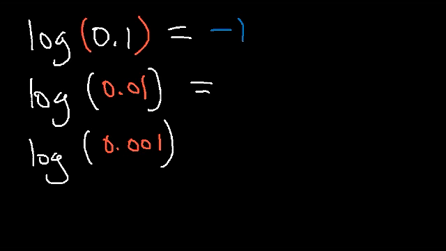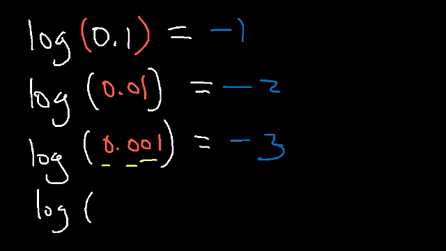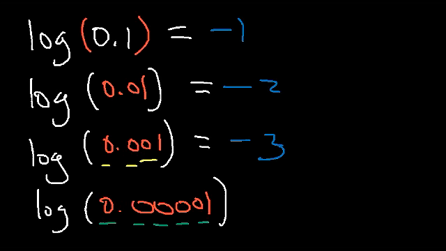Log of 0.01 is -2, and log of 0.001 is -3. Simply count the zeros, including the 0 to the left. So, knowing that, what do you think log of 0.00001 is? If we count the zeros, 1, 2, 3, 4, 5, this is equal to -5.